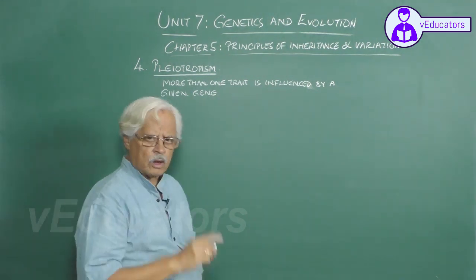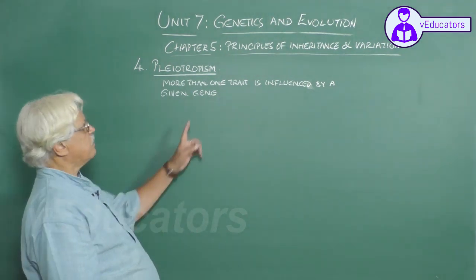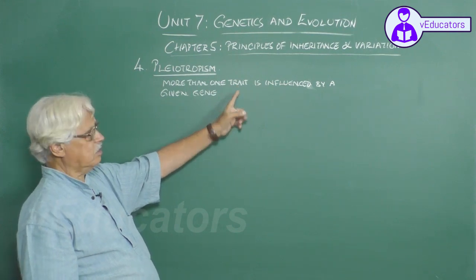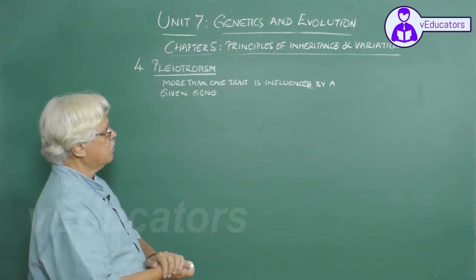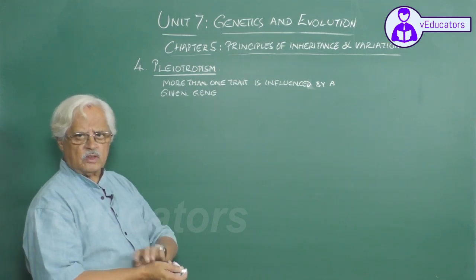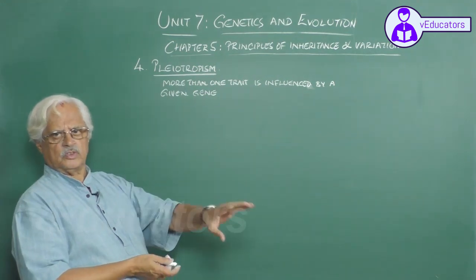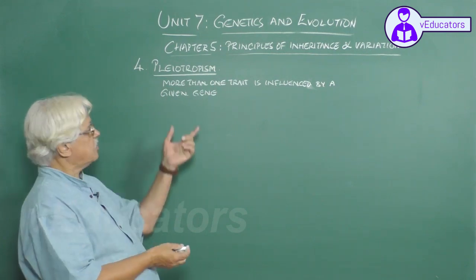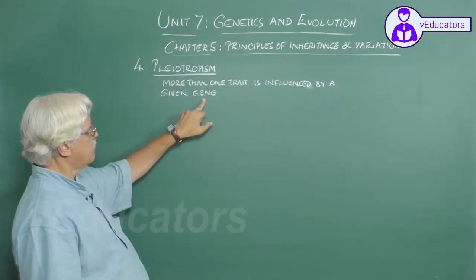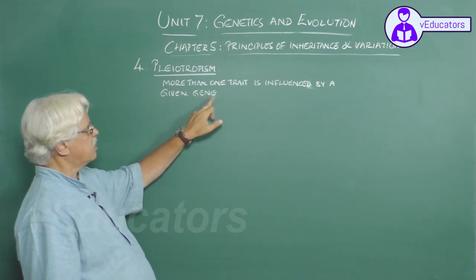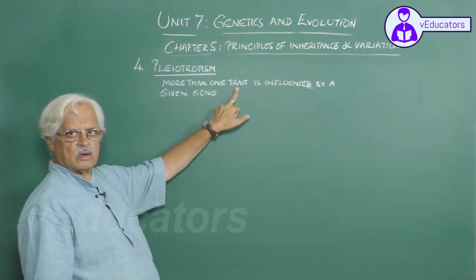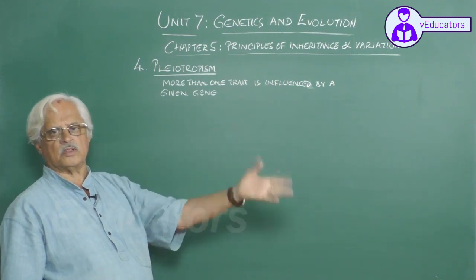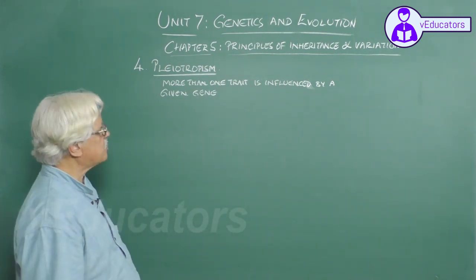Normally, a particular gene expresses a particular trait or a particular character. We have seen there is a gene responsible for length of the stem. There is a gene responsible for position of the flower and so on. But this is a situation where a given gene not only expresses a particular trait but also has a role in the expression of many other traits.